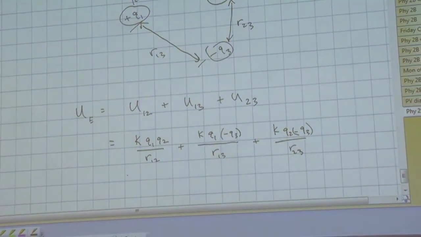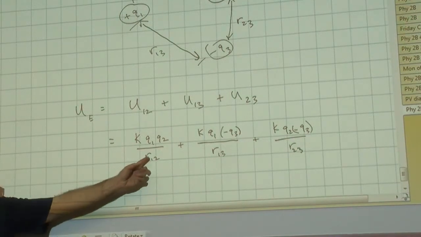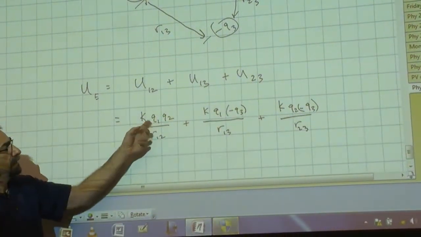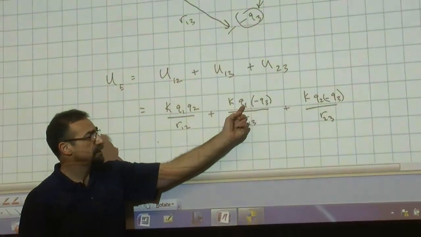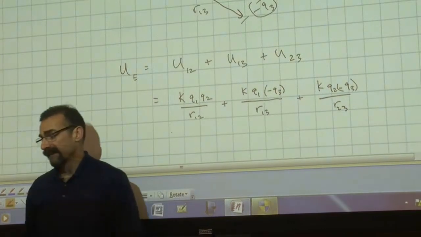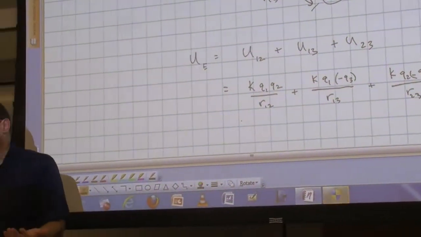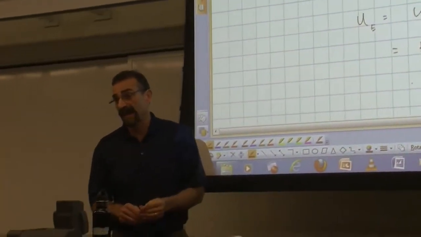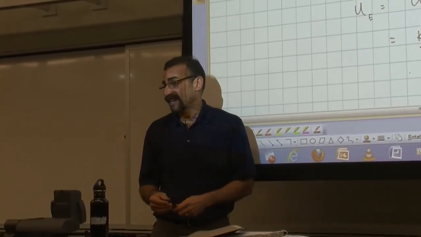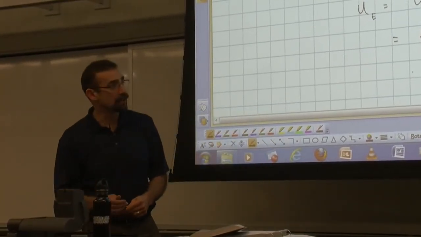So you could actually end up with 0. Maybe you've got two positives and a negative, and you have to retain the signs. Be very careful with the signs. Some of these terms are going to be positive, some are negative. You might end up with 0. Maybe it costs no energy bringing them in because some of them you did positive work, some you did negative work. It might, by chance, sum out to 0.